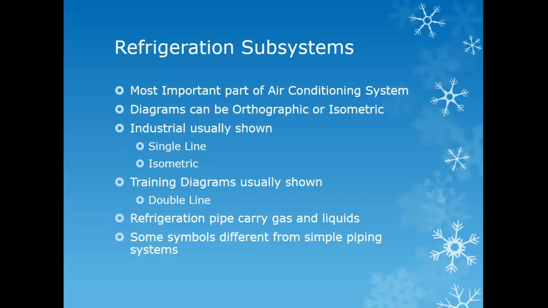Okay. So industrial can be shown either in single line or isometric. Training diagrams are usually shown as a double line. A lot of symbols can be different from simple piping systems simply because they might be a specialty pipe, right?